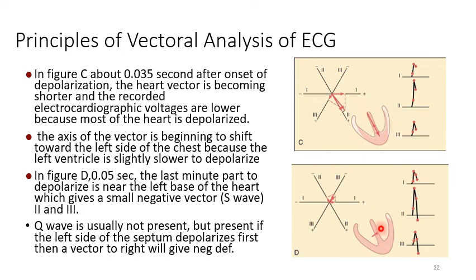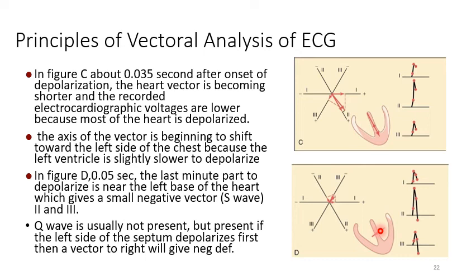Now the shift is even larger, but here it's upward, because the electrical axis is moving upward, since the base is the last to be depolarized, and the left base is the last part to be depolarized. So the axis has been shifting.